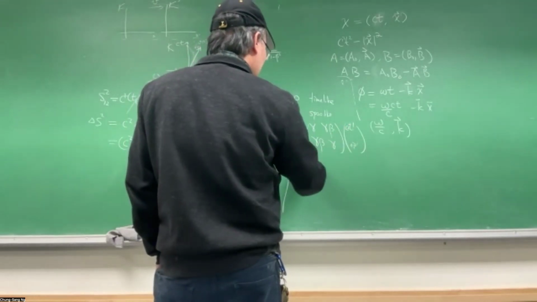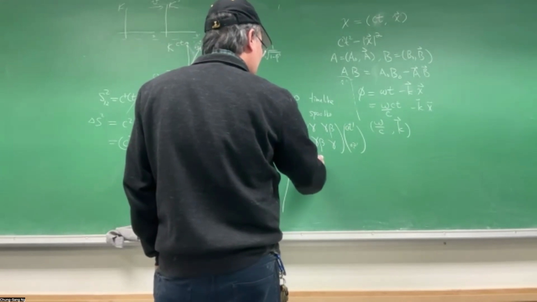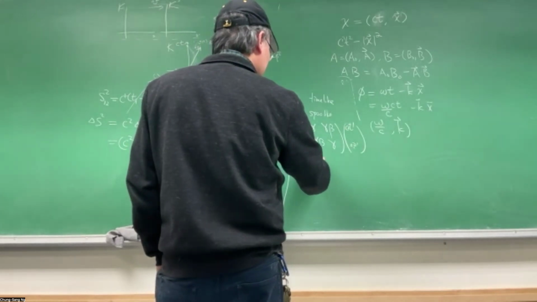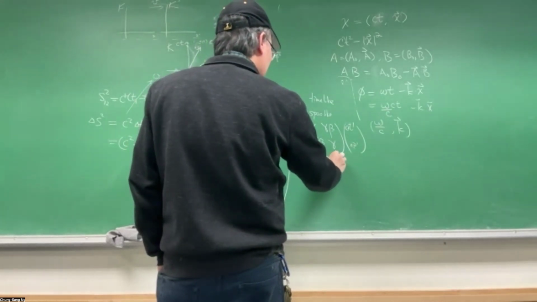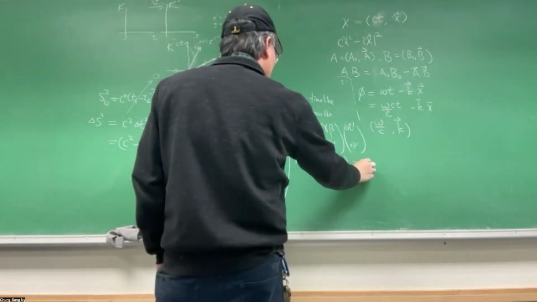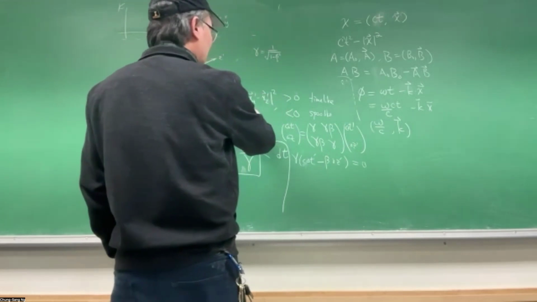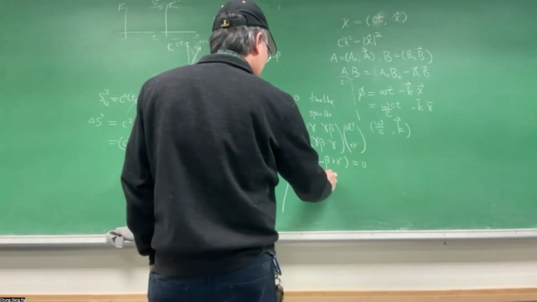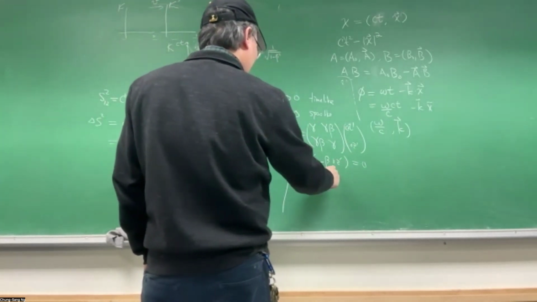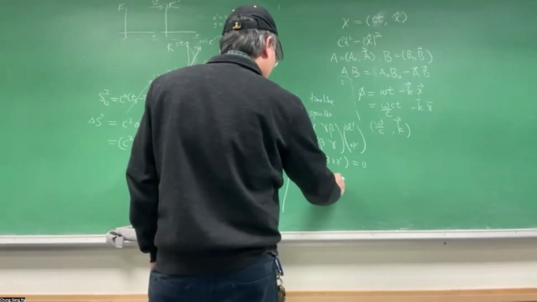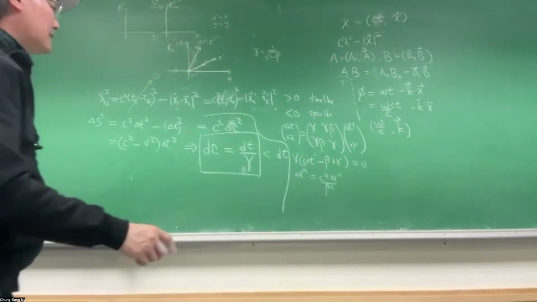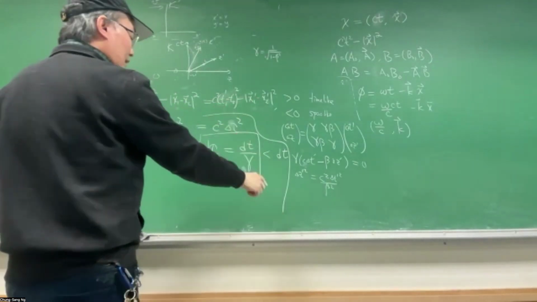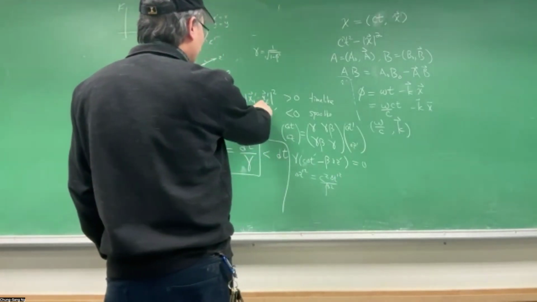So you have gamma times c delta t minus beta delta x prime, and that's equal to 0. So delta x prime, or delta x prime squared, is equal to c squared delta t squared divided by beta squared. But what I should actually say is delta t prime, because I want to express this in terms of t.